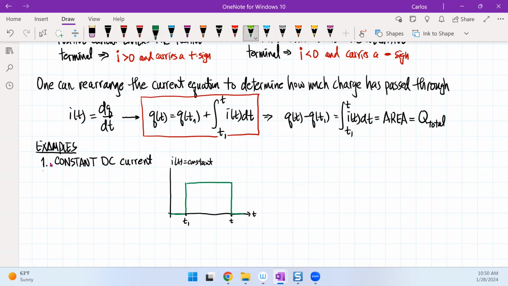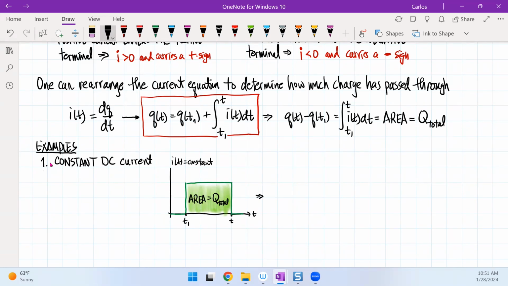So when I look at this, this here is the area, but this area has to be the total amount of charge that passed through.